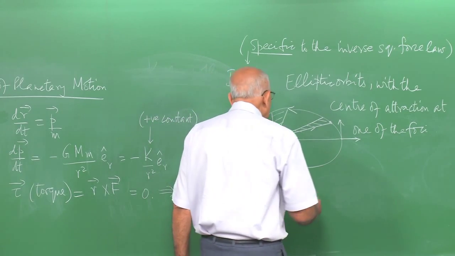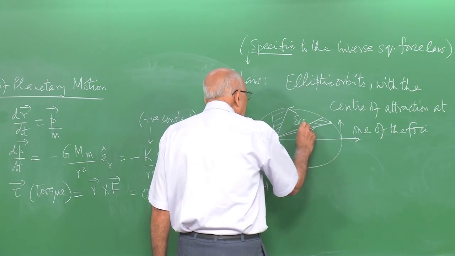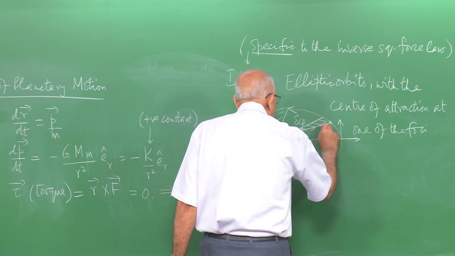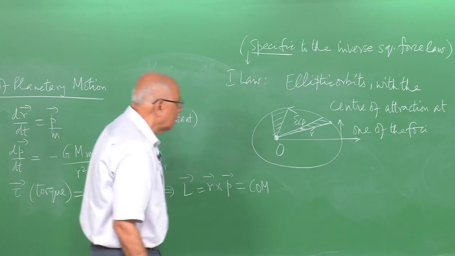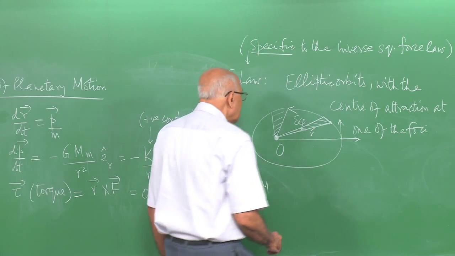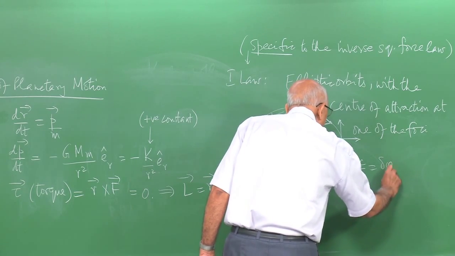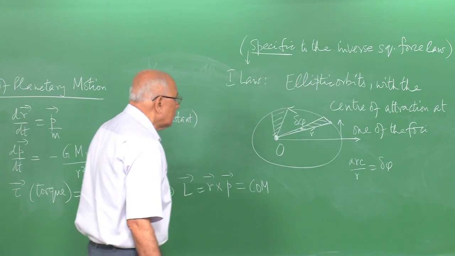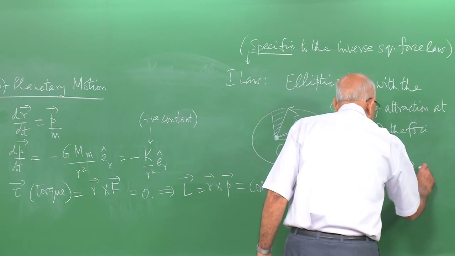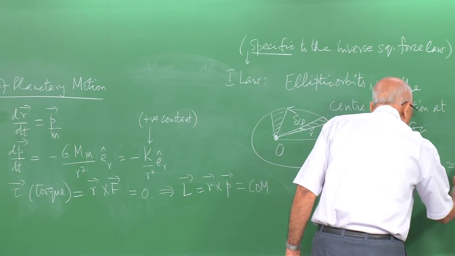If you write it out at any instant of time, if this angle here is delta phi, and this distance is r, then this arc, the base of this triangle, essentially is arc divided by r equal to delta phi. So it says that this arc, or the base, is r delta phi. The base of this infinitesimal triangle is r times delta phi.